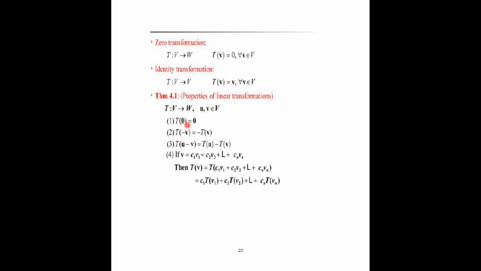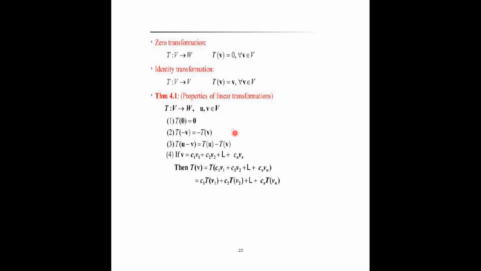What it says is that the zero vector of V always maps to the zero vector of W. One thing we must note here: in T of 0, this 0 is the zero vector of V, and the resulting 0, that is T of 0 equals 0, this 0 is the zero vector of the codomain vector space W.